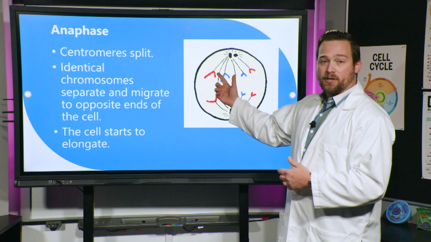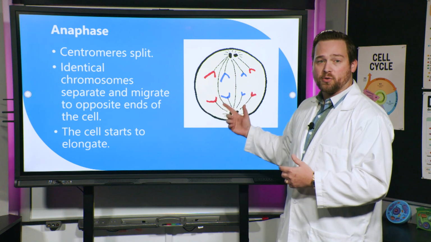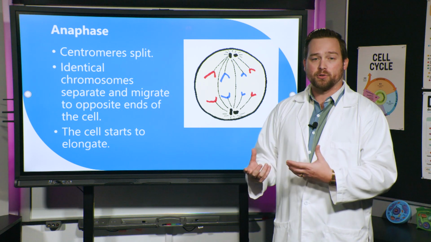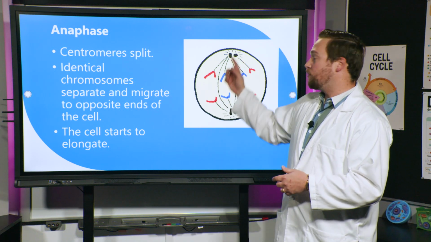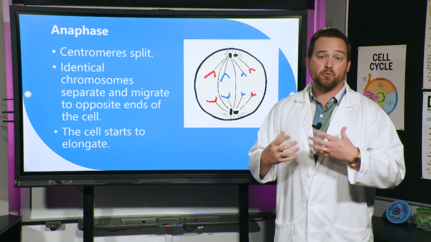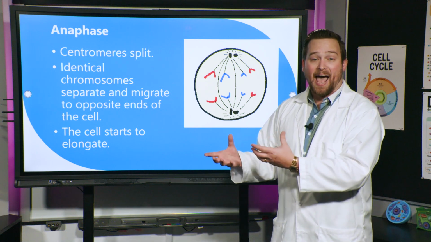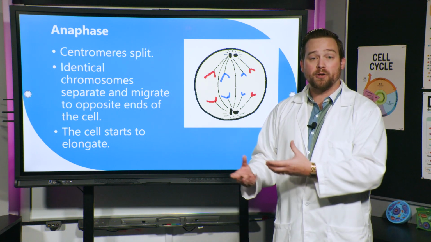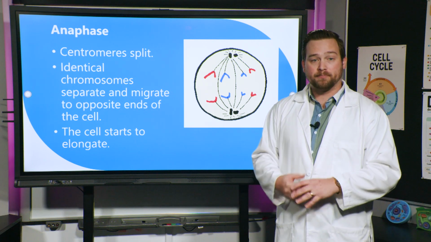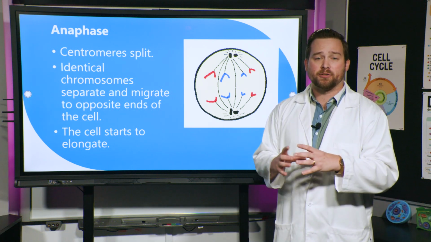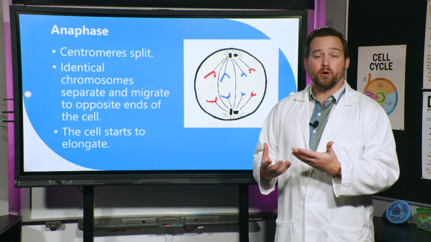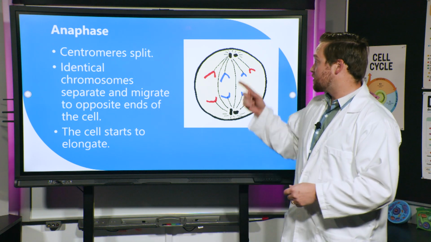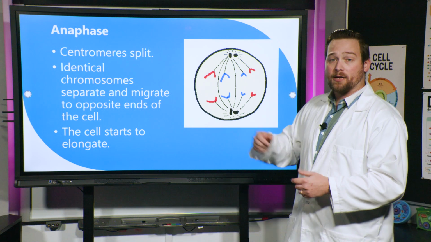So like this one and this one, and this one and this one, these are identical chromosomes. The sister chromatids are identical to each other, and they're moving towards opposite sides of the cell because we're going to split this cell in half, and that makes each new cell have identical chromosomes to what we started with. You'll also see that the cell starts to elongate. Again, the words I really want you to remember for this one are away or apart, because the chromosomes start to move away from each other.